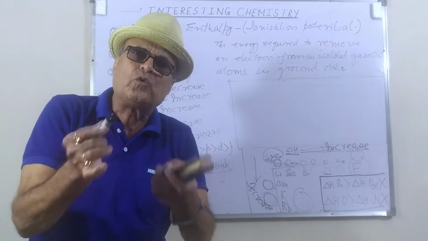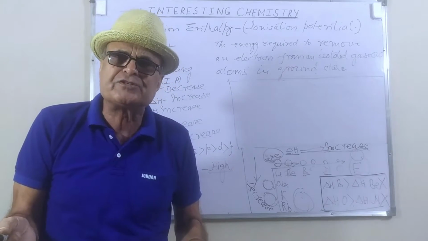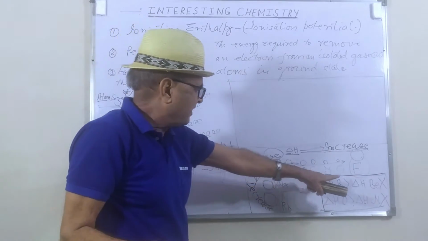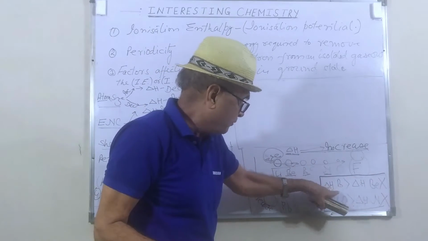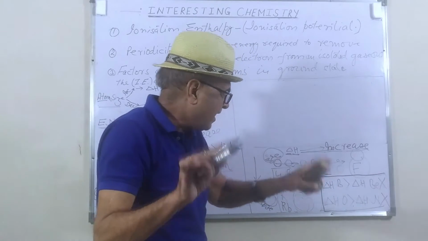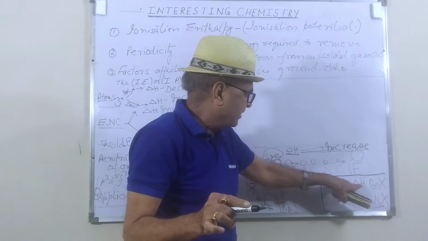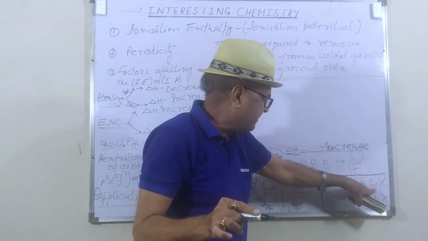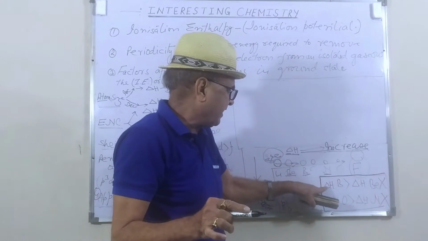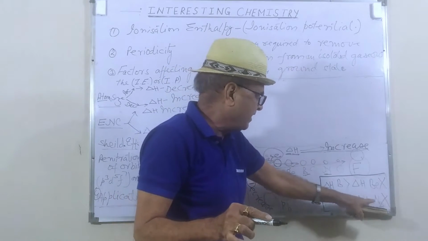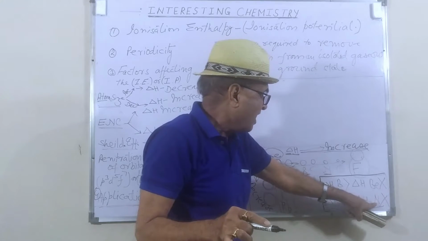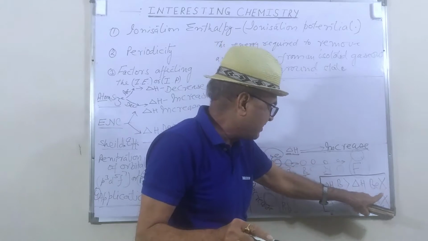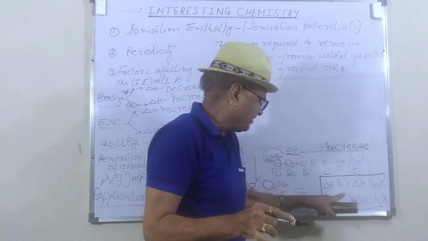Sometimes you are asked in your examination why the delta H of beryllium is greater than delta H of B. In the same manner, the ionization enthalpy of nitrogen is greater than that of oxygen.